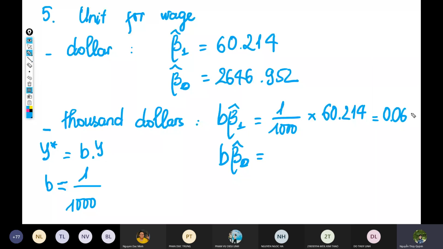And this one, 1/1,000 times 2,646.952, which is equal to 2.646. So that is the new intercept. Do you get the same answers?